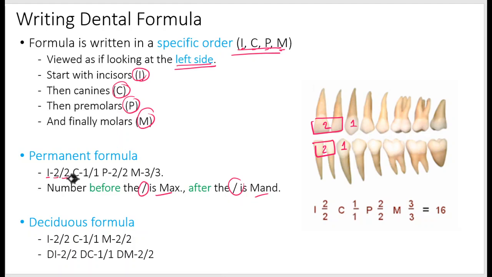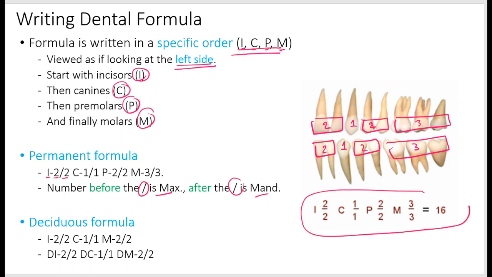Again, same thing, so we write it this way. We start with I and then C and then P for premolars, and we have 2 on the maxillary and 2 on the mandible. And then we have M for molars, and we have 3 and 3. And that's our formula. You can see it equals 16, so if we multiply it by 2, we get 32.